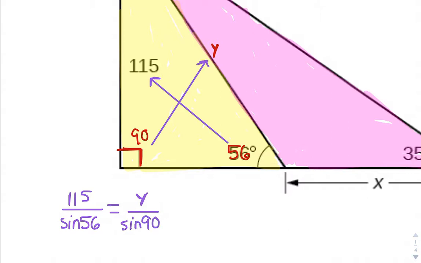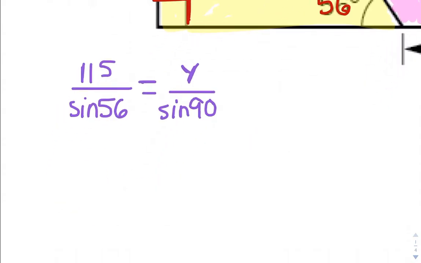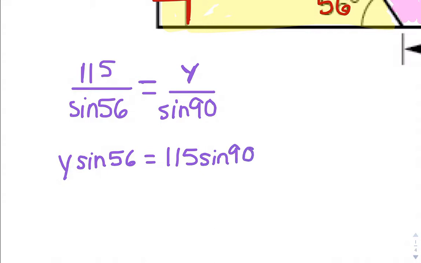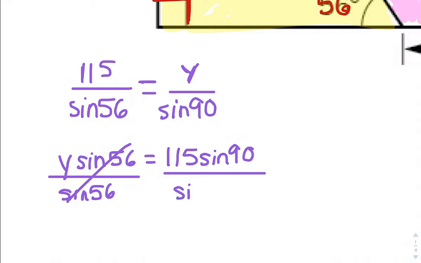So now I have a fraction equal to a fraction, which means I am going to have to cross multiply. So when I cross multiply, I get y sine 56 equals 115 sine 90. So if I want y alone, I have to divide by sine 56 here. So I divide by sine 56. So in my calculator, what I'm going to do is I'm going to put parentheses around 115 sine 90.